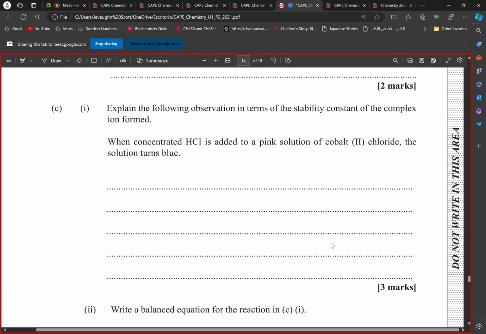Nobody's stepping up to the plate. Sir, all I know is in the presence of chlorine, cobalt turns from pink to, well, I think it was yellow, but oh no, that's copper. Never mind. Okay, somebody raises their hand. Go ahead.